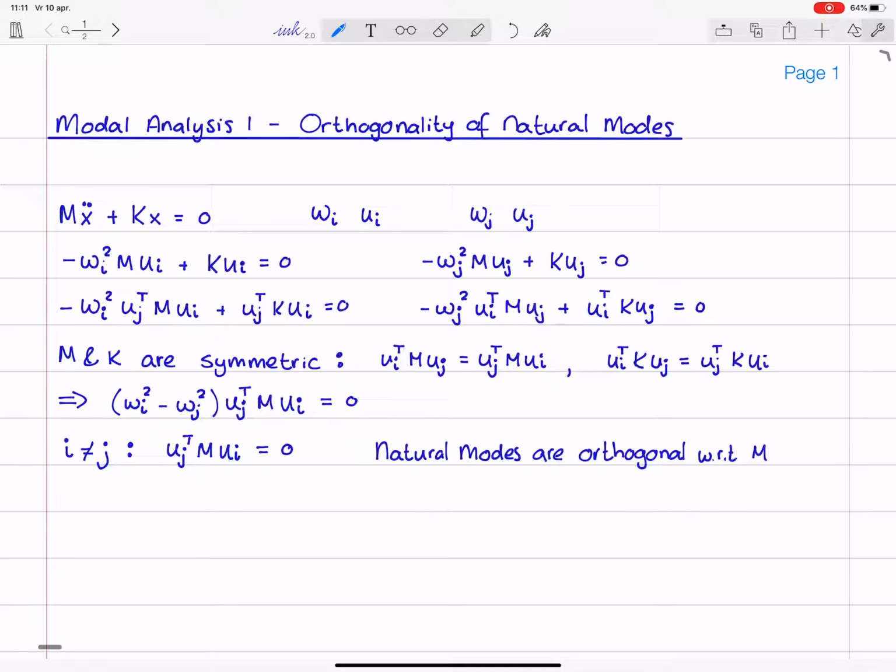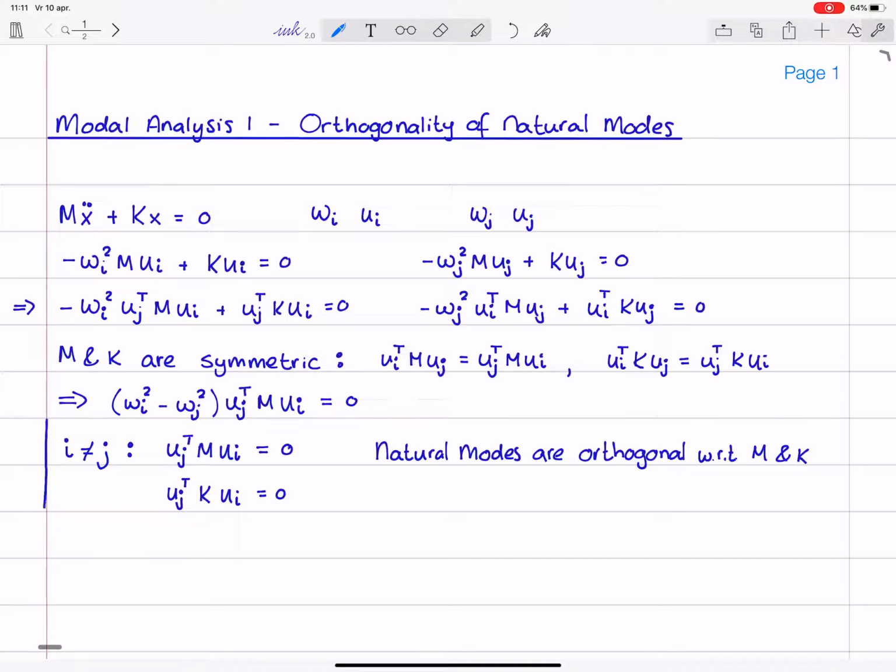Now, if I substitute this relation back into either one of these, for i not equal to j, the first term will always be 0, and therefore we also need to conclude that u_j transposed times K times u_i is equal to 0. And that means that the natural modes are orthogonal with respect to M and K.